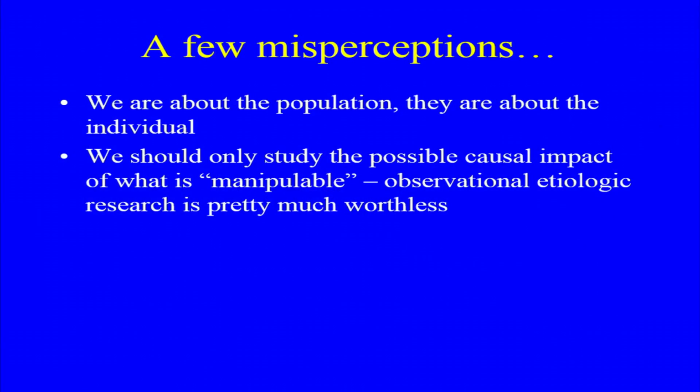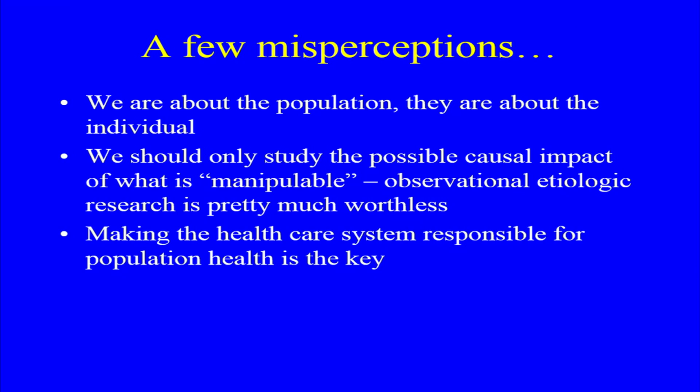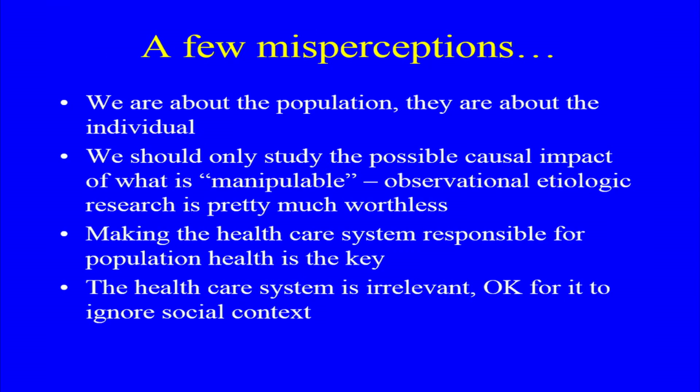The idea that we should only study the possible causal impact of what is manipulable, and that observational etiologic research is pretty much worthless, is also a misperception, because obviously what's not manipulable today can be manipulable tomorrow. The idea that making the healthcare system responsible for population health is the key is also a misperception. At the same time, it's a misperception that the healthcare system is irrelevant and that it's okay for it to ignore social context. And certainly research is not a key driver of policy, as we heard this morning.